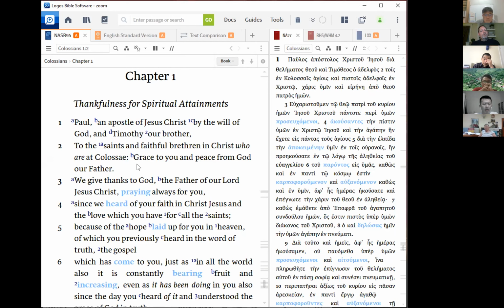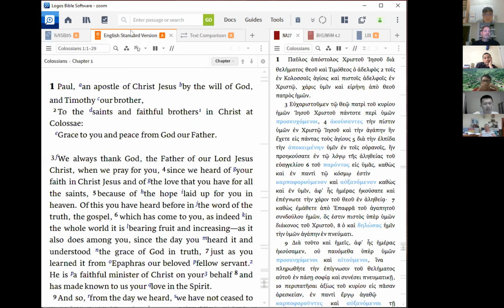But what I like about the New American Standard is it tells you when it does that. Most translations don't. For example, if we look at the ESV, "To the saints and faithful brothers in Christ at Colossae." They didn't add the "who are." All right.